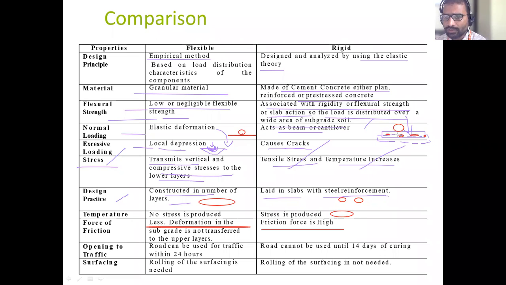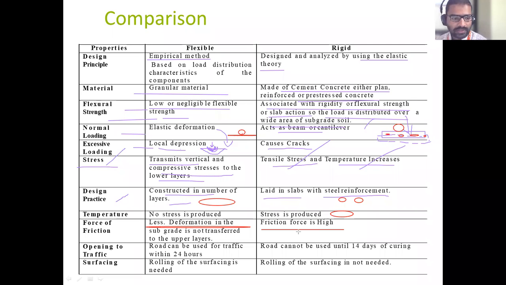It is smooth. Flexible means smooth. In flexible roads, the contact is very smooth. Hence, the force of friction is less. In the rigid pavement, the contact is very rough. Hence, the friction is very high.